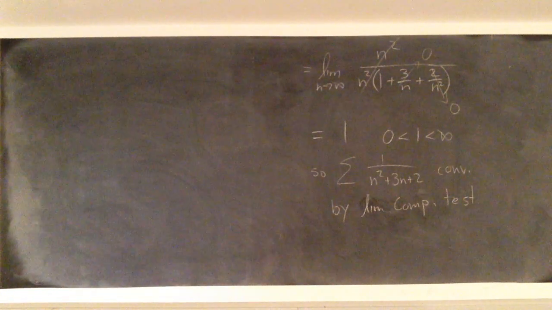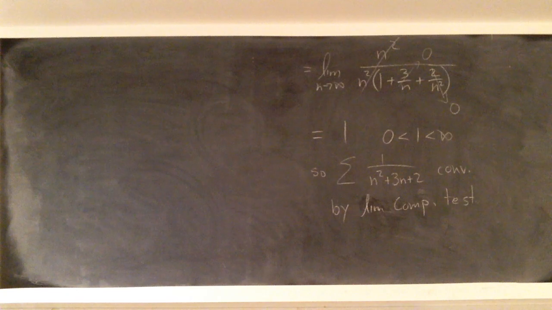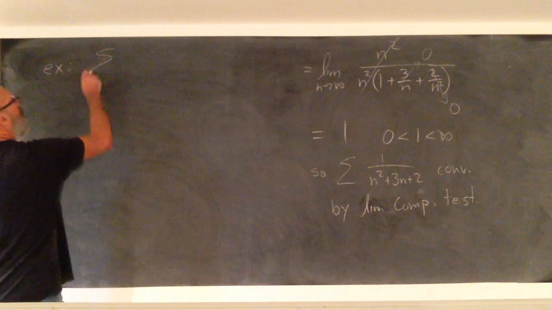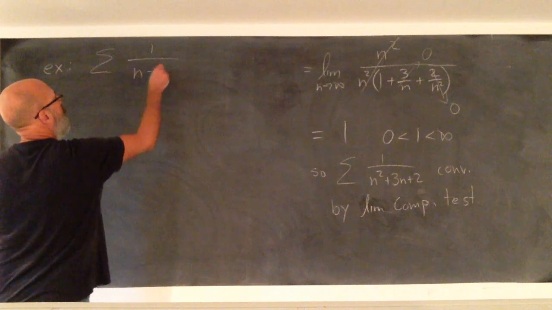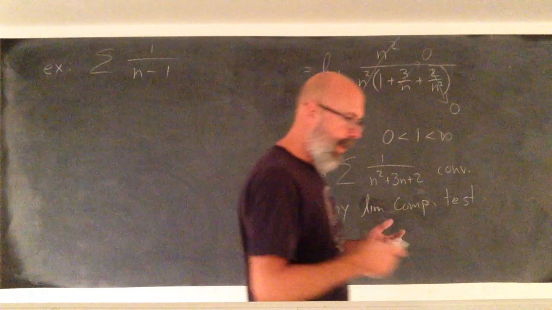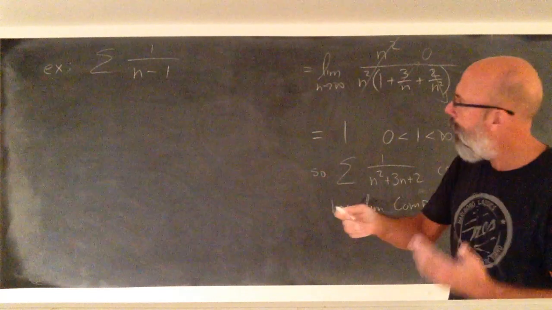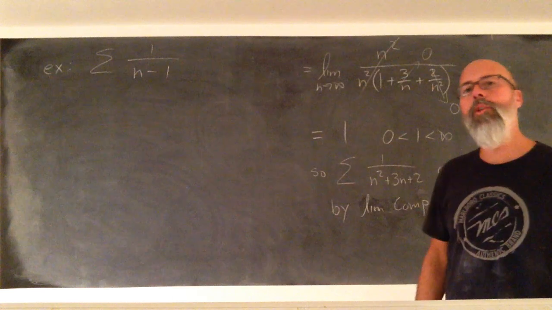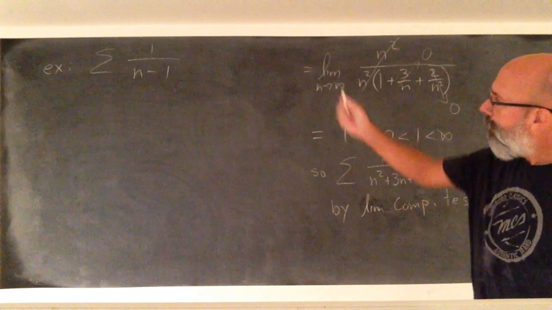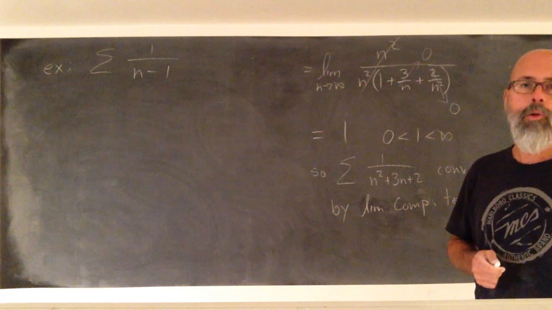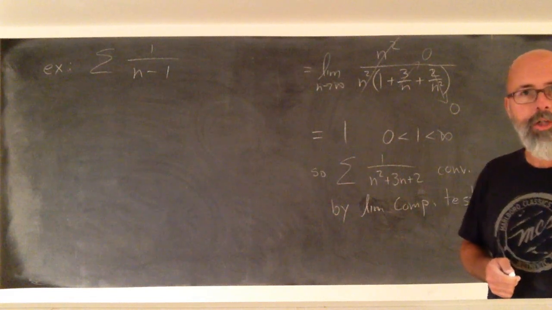We had also looked at the series 1 over n minus 1. Again, we showed that this was bigger than 1 over n. It was relatively easy to do that. But if we apply the limit comparison test, we don't even need to worry about which one is bigger, which one is smaller.